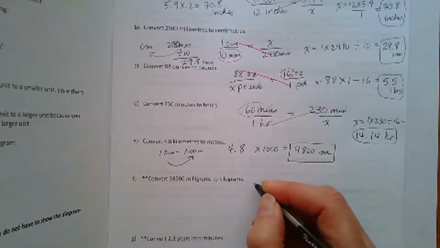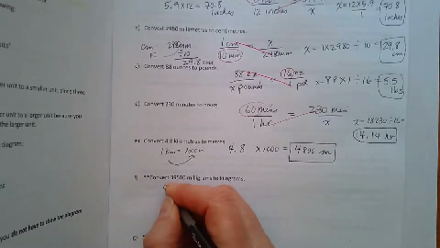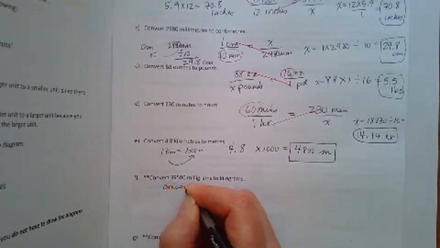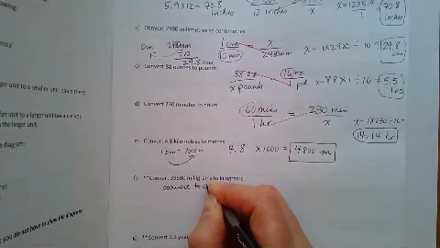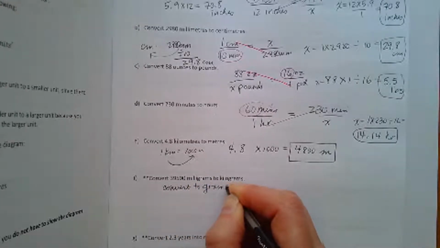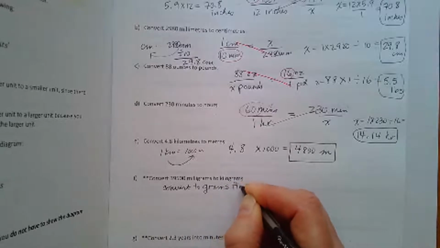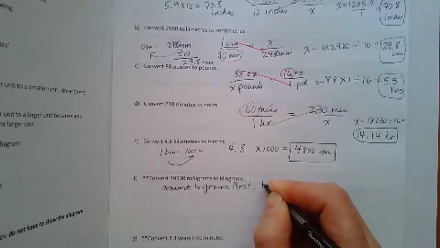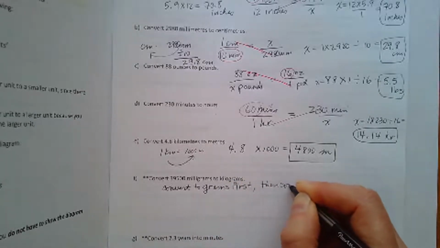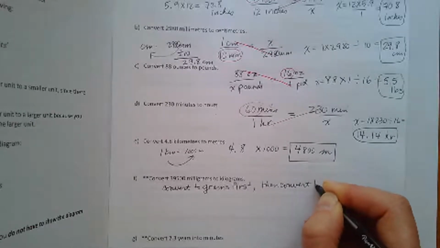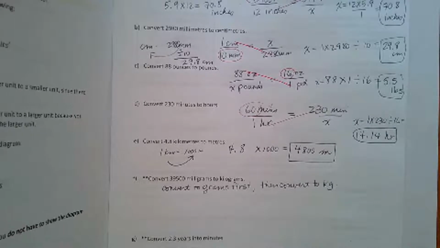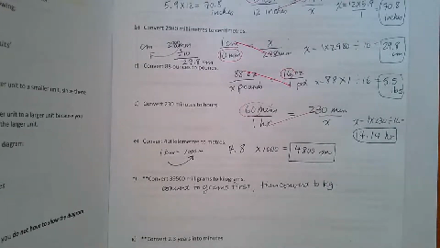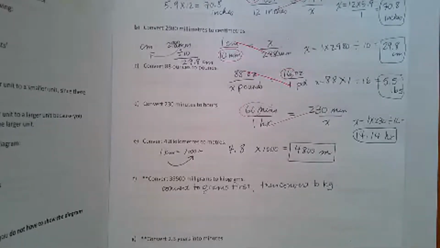There's other ways you can do this. If you're really advanced, you could figure out the multiplier to go straight from milligram to kilogram, but I'm going to do this in baby steps.